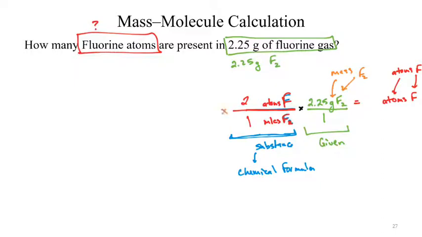So I'm going to have to do another conversion. Now I might launch into my measurement conversion and see what I can come up with. The measurement doesn't disconnect from the substance though, so just be aware of that. So it's going to be grams of F2, and ideally what I would want now would be atoms.